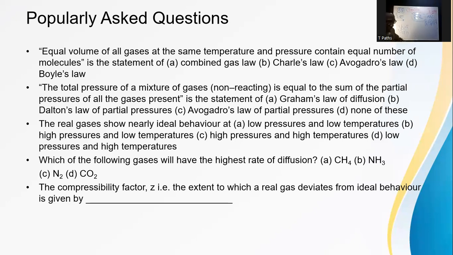Now, let's consider gases together in a room. Which of them will diffuse faster in a room? How do we know that? We discussed something last class: the rate of diffusion of a gas is inversely proportional to the square root of the vapor density, which can also be the molecular mass.